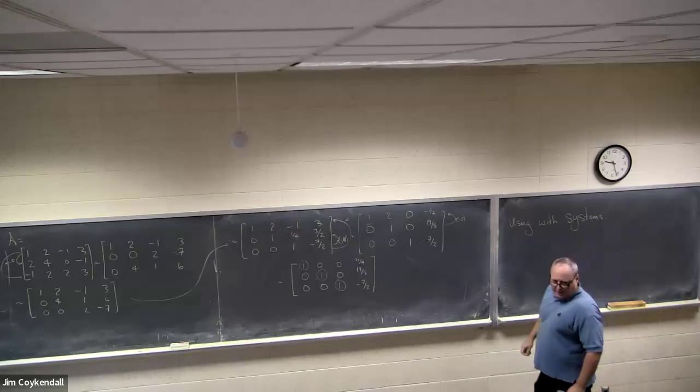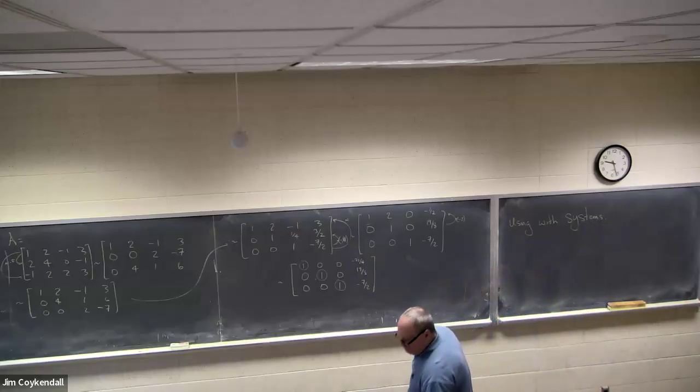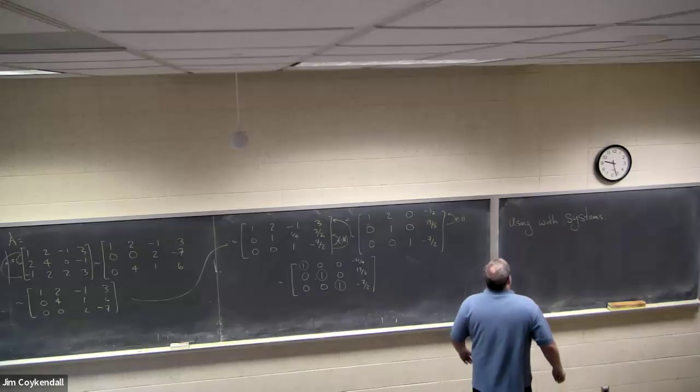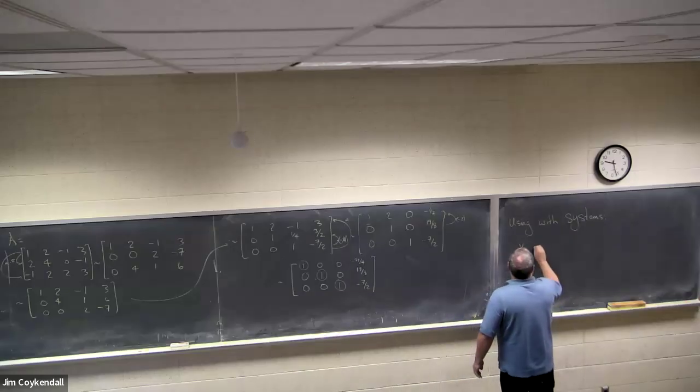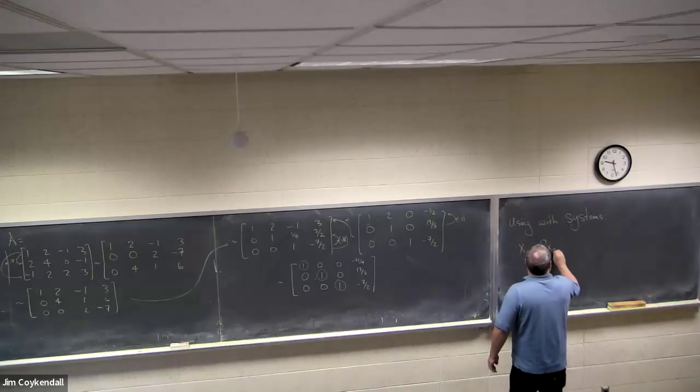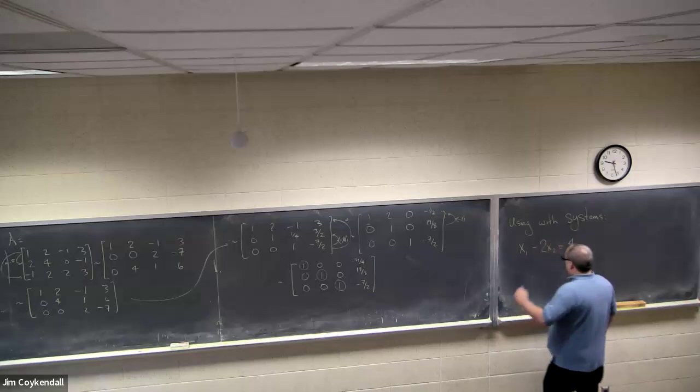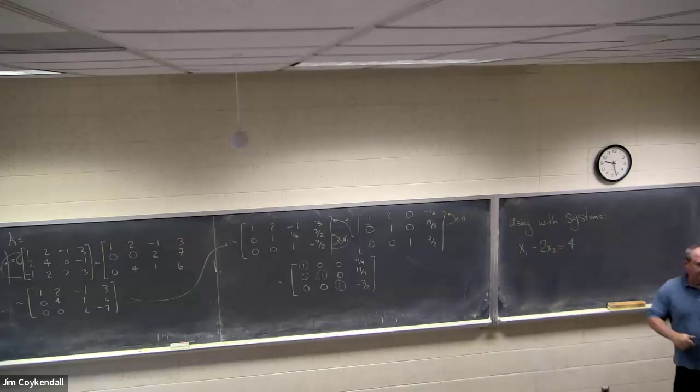Let me start off with a simple system. How many solutions does that have? It's got infinitely many. Isn't this just a line? So this has infinitely many points that satisfy it.